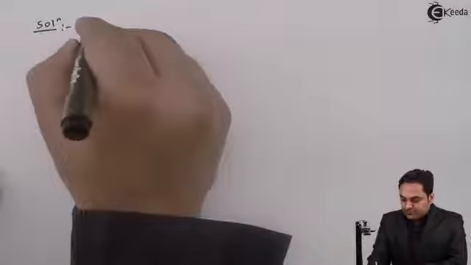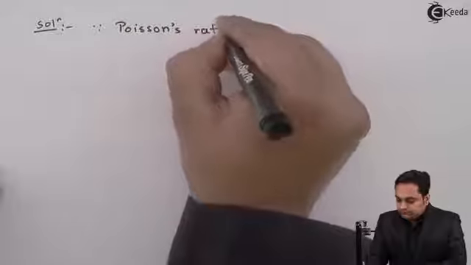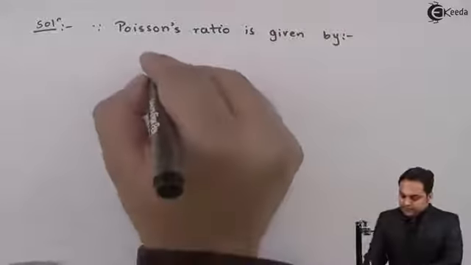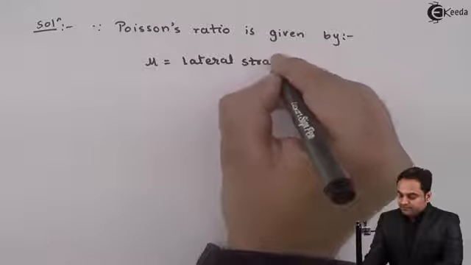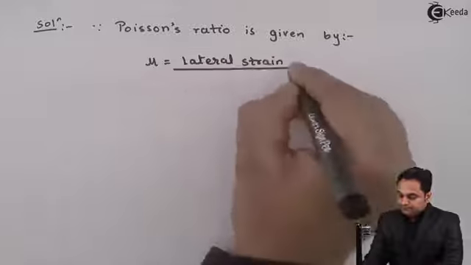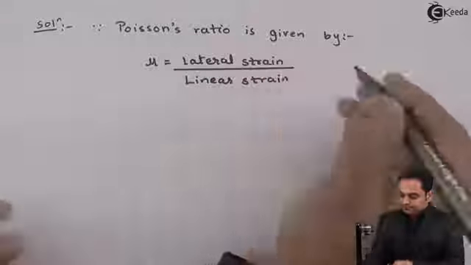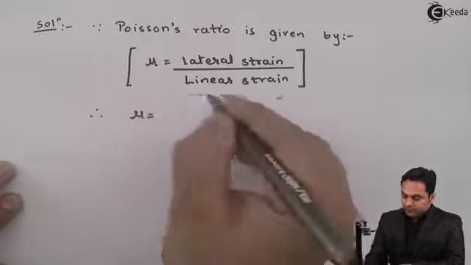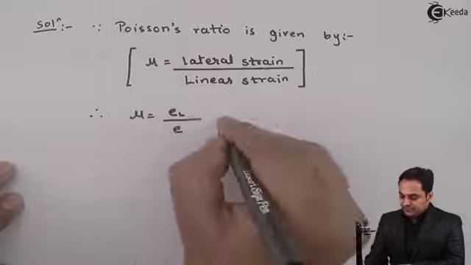Here in the solution, we can start it in this way, that since Poisson's ratio is given by mu is equal to lateral strain upon linear strain, therefore mu is equal to lateral strain, denoted by E suffix L, and linear strain, denoted by small e.